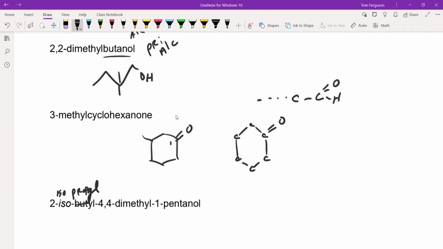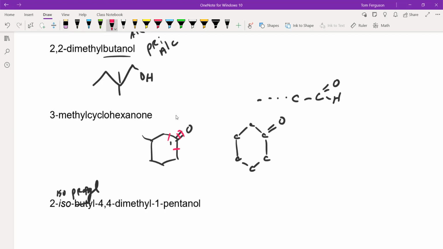Okay, so what if it's not written out with the carbons? How are you going to figure that out? Well, with line drawings, every time there's a kink, there's a carbon there. So we have carbon, carbon, carbon, carbon, oxygen double bond.